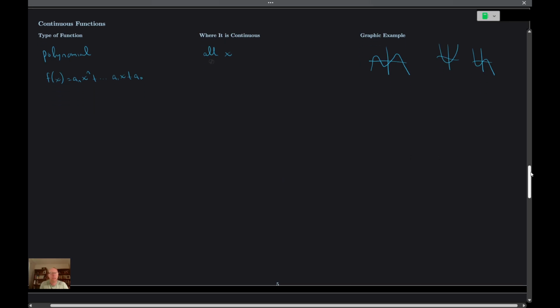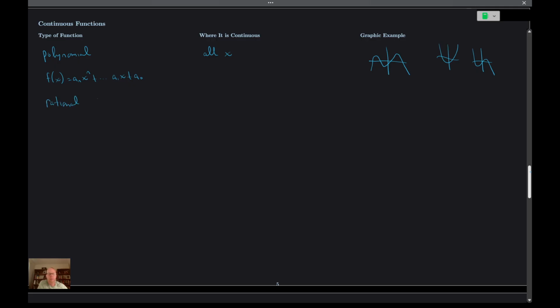What about rational functions? Here we have f of x equals p of x over q of x, where p of x and q of x are both polynomials. Where is it continuous? If you ever see one of these, you set the denominator not equal to 0 and solve for x.